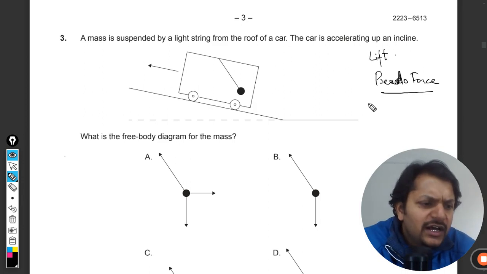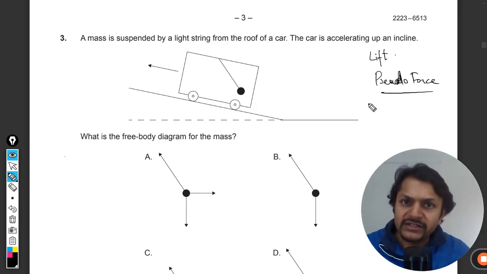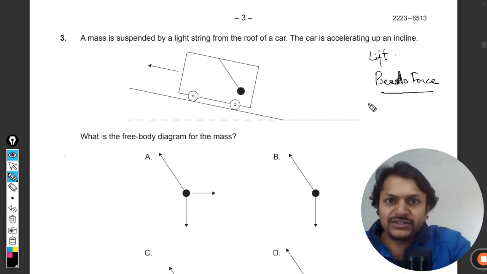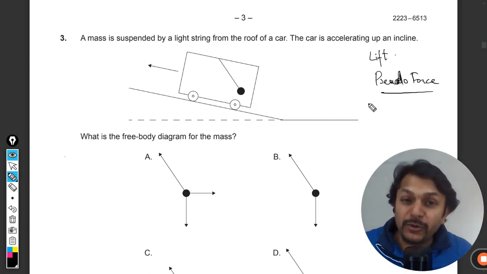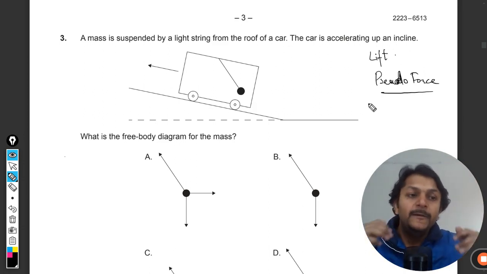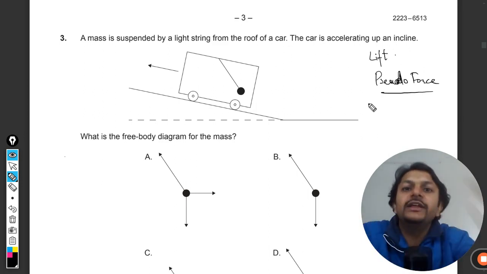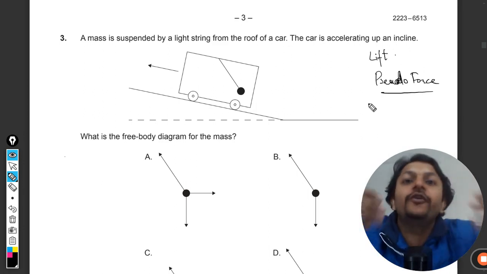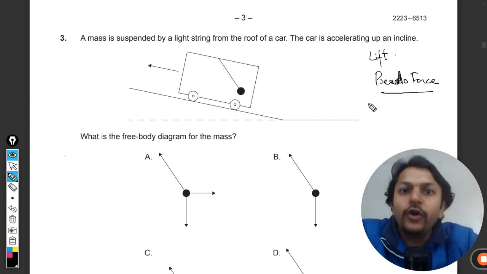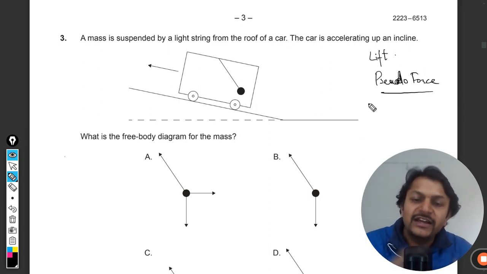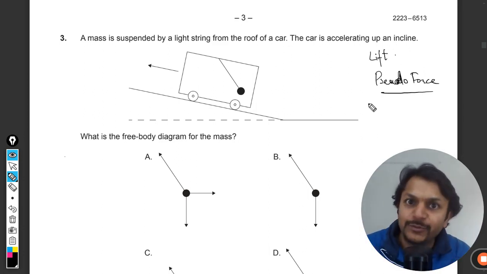Just like you are traveling in a bus and you are standing in the bus, and the bus driver applies abrupt brakes. The force is applied on the bus, but you are falling in front of it, isn't it? When you are falling, it feels like somebody pushed you. There is an effect that somebody pushed you, but nobody has pushed you.